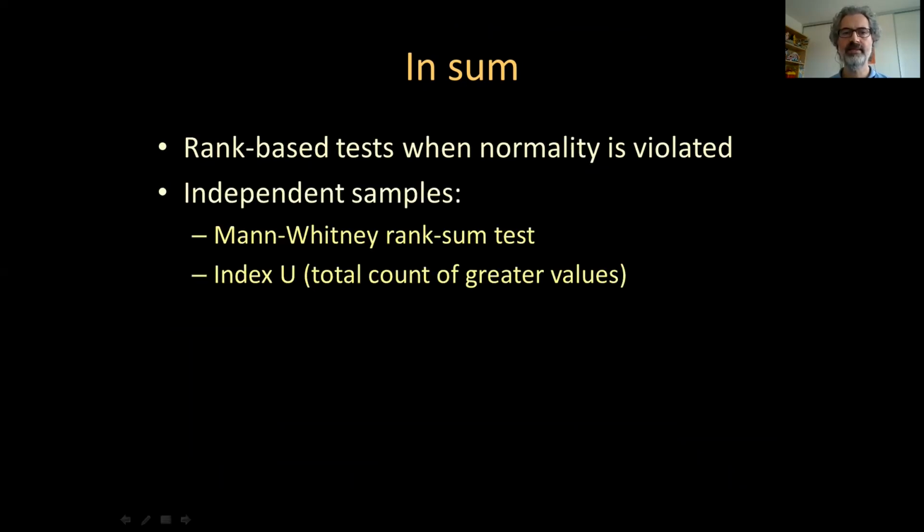When we have two independent samples and cannot run an independent samples t-test because of the violation of the normality assumption, we then run what is called a Mann-Whitney rank sum test, which is the first one that we showed here, which provides an index named U, the statistic U, which is equal to the count of times values in one group exceed values in the other group, and we can obtain a p-value based on its sampling distribution accordingly.